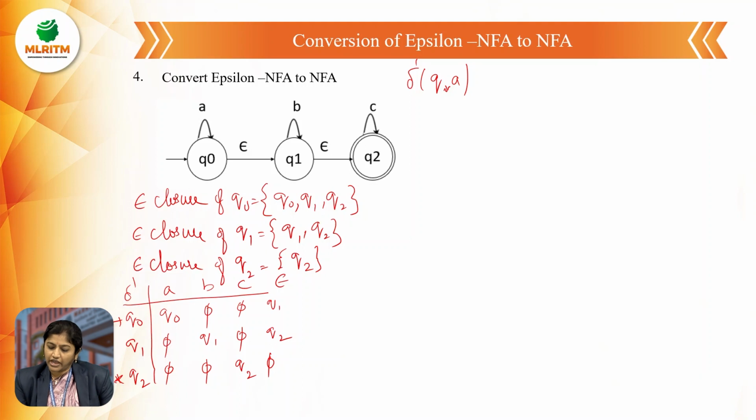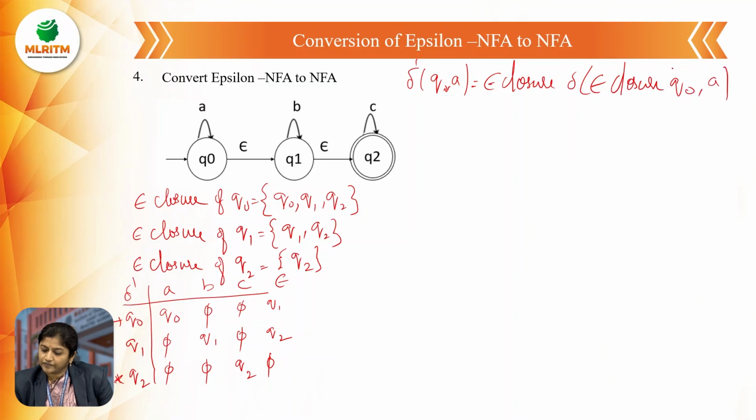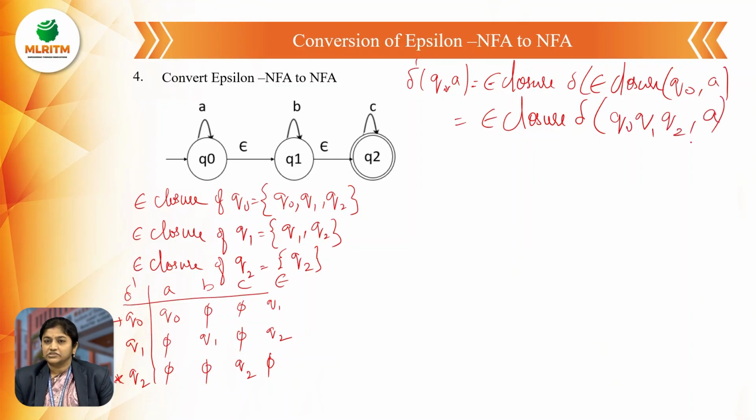So delta dash of Q naught on A is equal to epsilon closure of delta of epsilon closure of Q naught on A. Epsilon closure of Q naught is Q naught, Q1, Q2, on A. We are just writing the epsilon closure of Q naught.